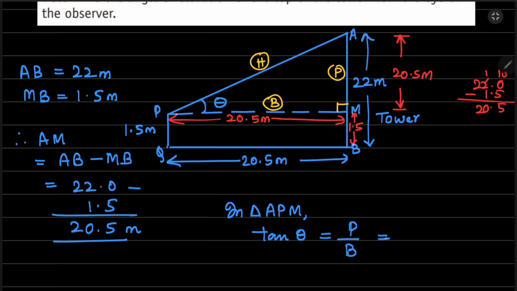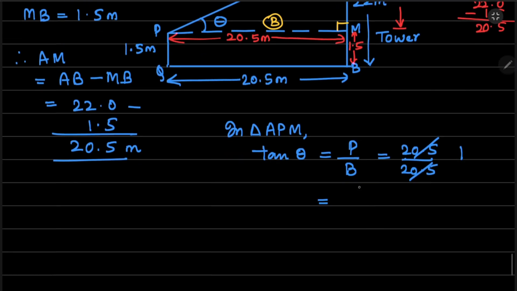What is your perpendicular? 20.5 divided by what is your base? Base is also 20.5. So which happens to be 1. Tan of which value is 1? It is tan 45 degree. So therefore, you get your angle of elevation on comparing.